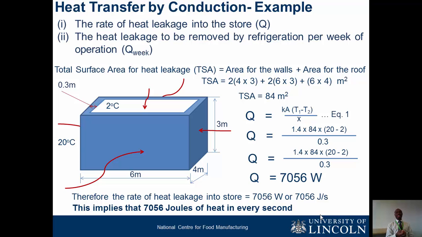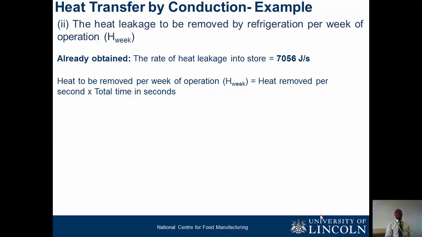And the second question is asking us to calculate the amount of heat to be removed by refrigeration in a week. So we know the amount of heat to be removed in 1 second. And how do you calculate the amount of heat removed in a week? It's very simple and straightforward. All you need to do is to multiply the amount of heat removed in a second by the total time in seconds.